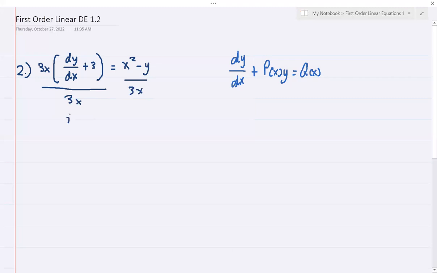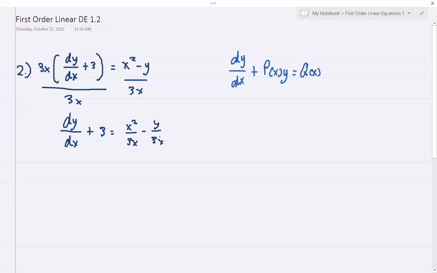Okay, so we will have dy all over dx, okay, plus 3 is equal to x squared all over 3x minus y all over 3x.